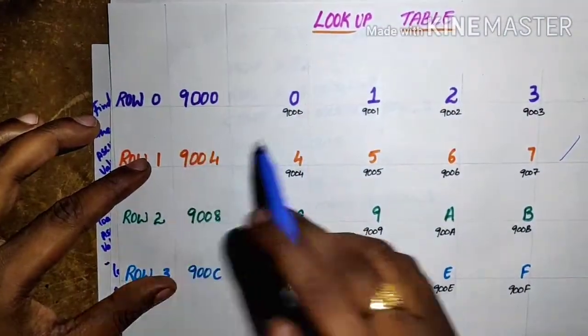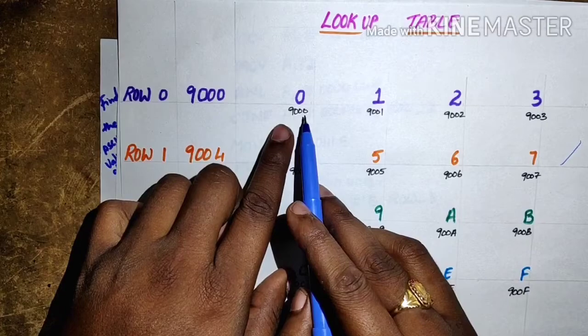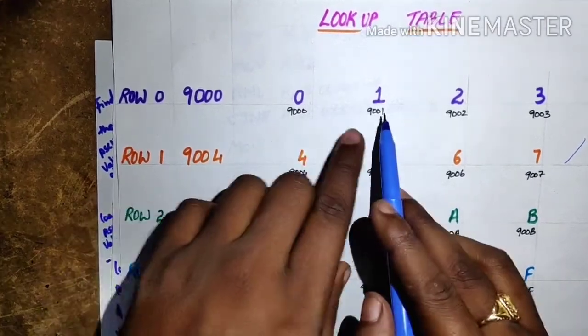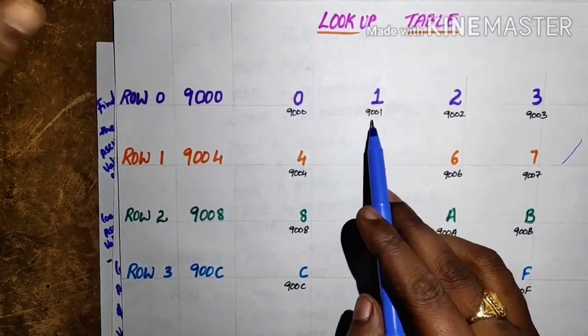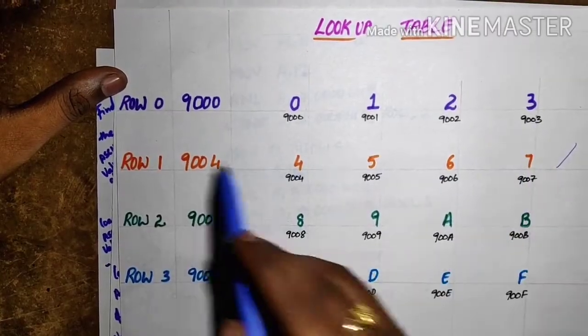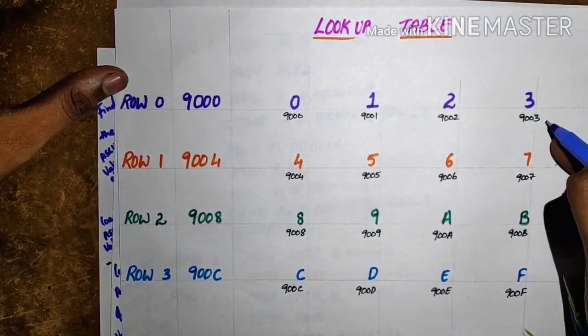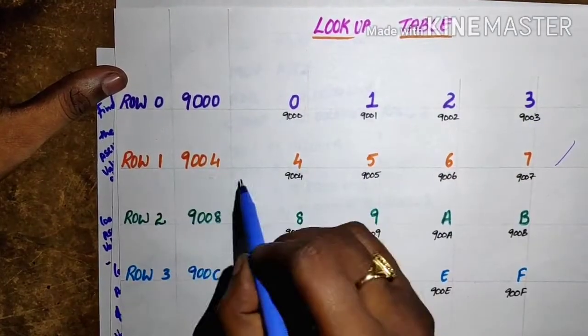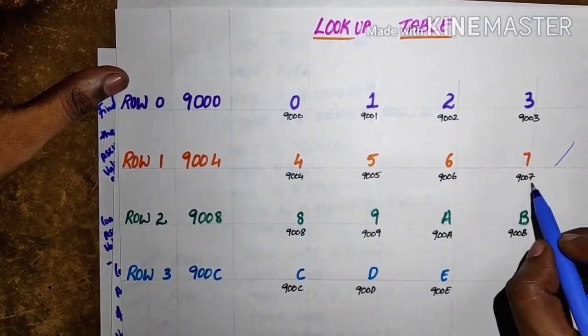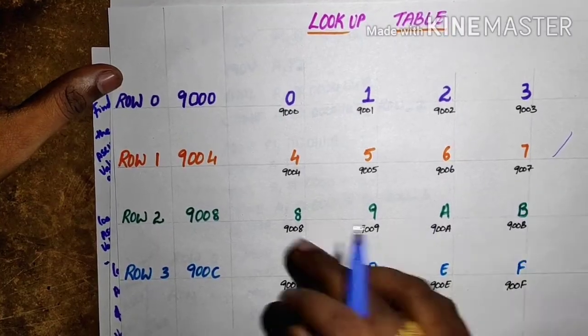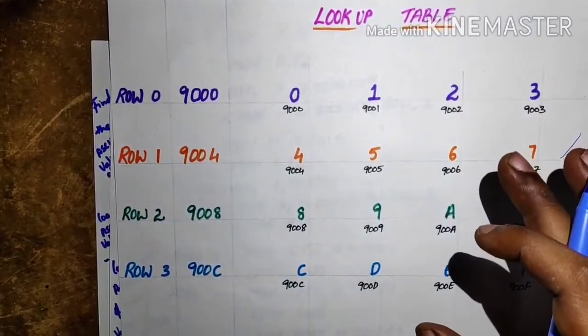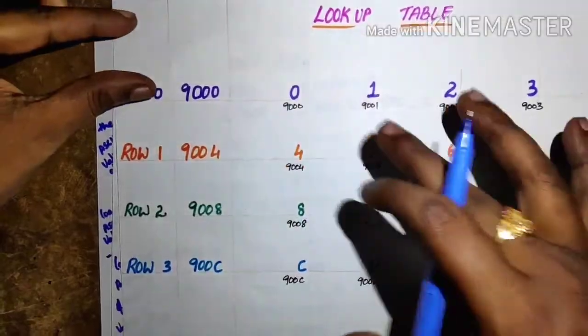The ASCII value of 0 will be loaded in address 9000 and 1 will be 9001, and similarly like this. So row 0 ranges from 9000 to 9003. Now row 1 will start from 9004 and end at 9007. Just don't get confused by the sequence of numbers here.